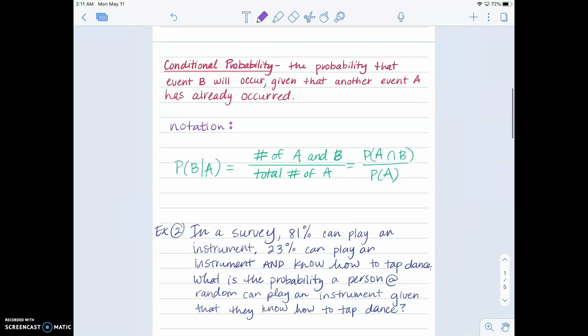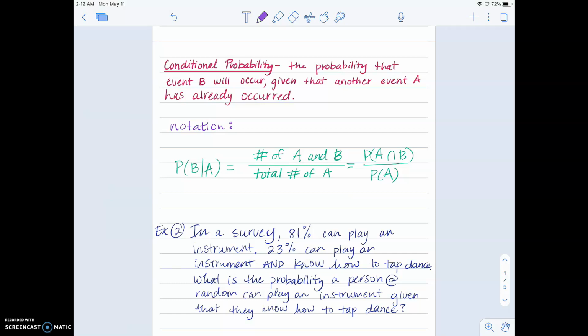Okay. Let us continue. So this is the actual title. The topic is conditional probability for this lesson. The name kind of gives it away. It's the probability that some event will occur given that another event already occurred.